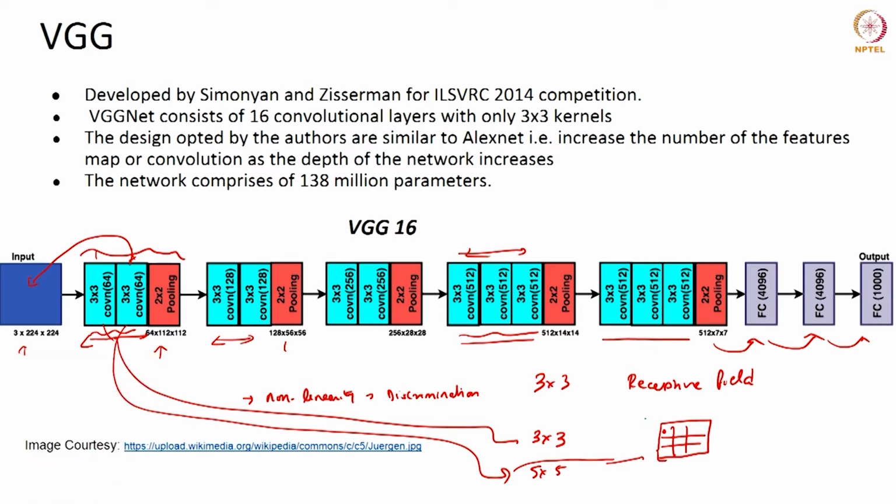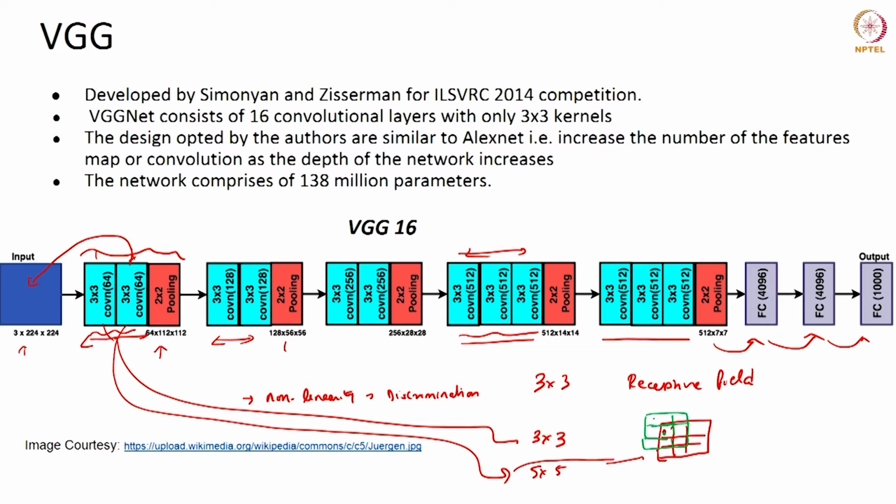So, this itself is a result of a 3 cross 3 convolution, right. So, you have 1, 2 and a 3 here, right. This particular feature map in the second 3 cross 3 convolution layer itself is the output of a 3 cross 3 convolution from the previous layer.